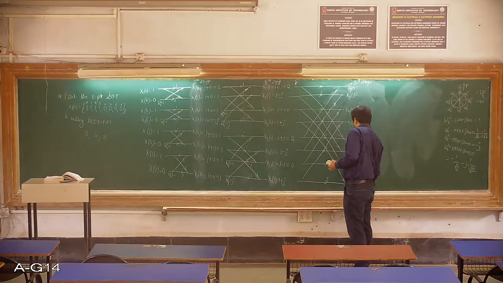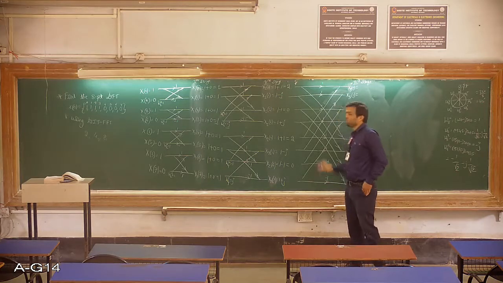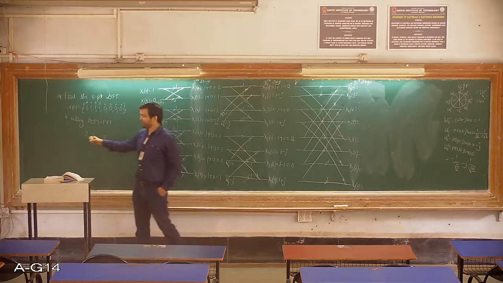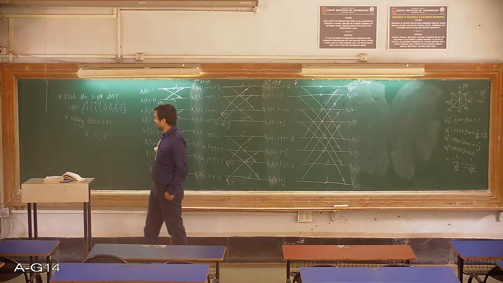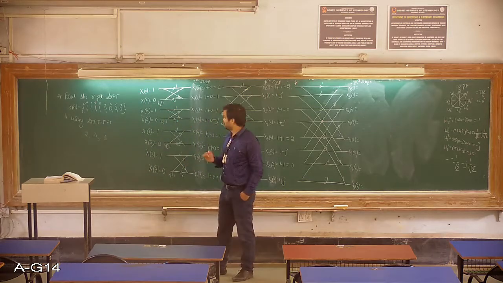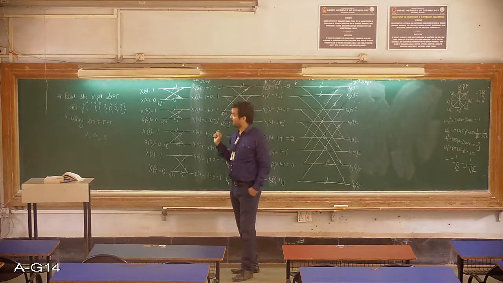Again, we have to consider the twiddle factors. Here it is the 8 point, as I told, 2, 4, 8. In 2 point, only 1 twiddle factor we are using. In 4 point, 2 twiddle factors, because 4 by 2 is nothing but 2, that is W4 of 0 and W4 of 1.